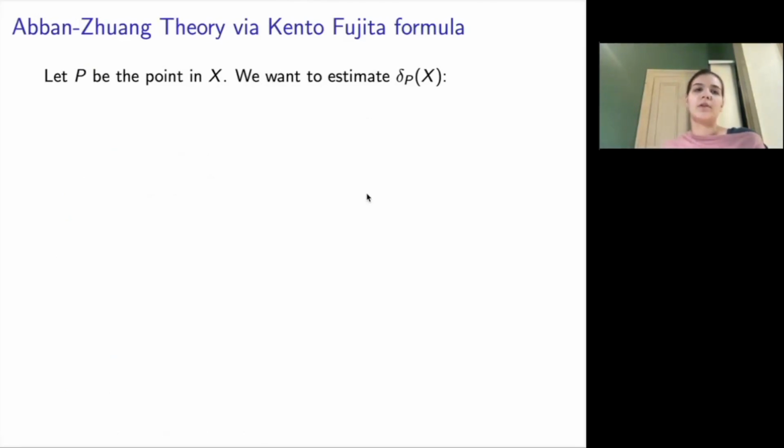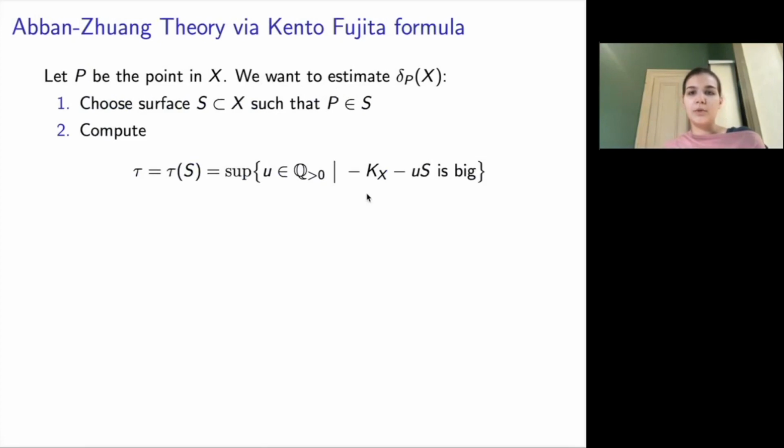We also have a useful theorem, which helps us to understand if something is K-stable or not K-stable. So suppose we have a point in a threefold X, and we want to estimate this δ-invariant. The first thing we do, we choose a surface S such that it contains this point. Then we compute the pseudo-effective threshold, the big threshold of this divisor.